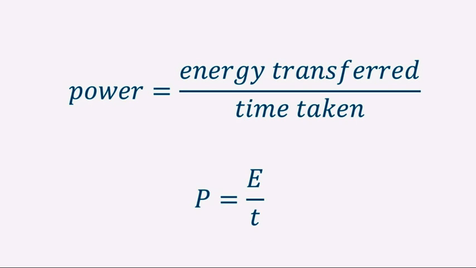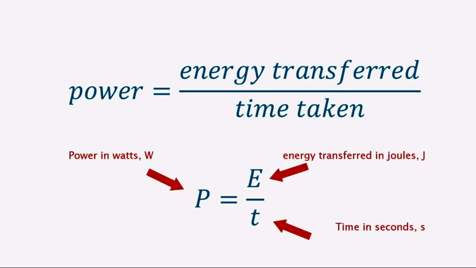So that's P for power is equal to E for energy transferred divided by T for time taken. And the units matter, as they do for any equation. So if the energy transferred is measured in joules, the SI unit for energy, and the time is measured in seconds, the SI unit for time, then you'll get the power in watts.